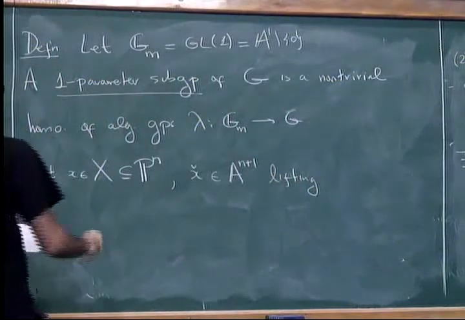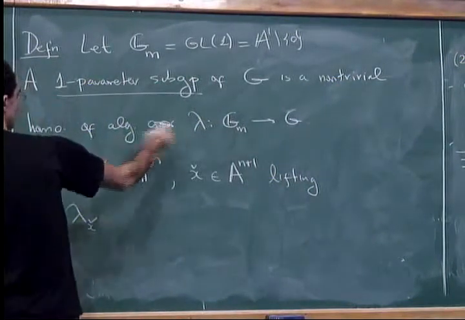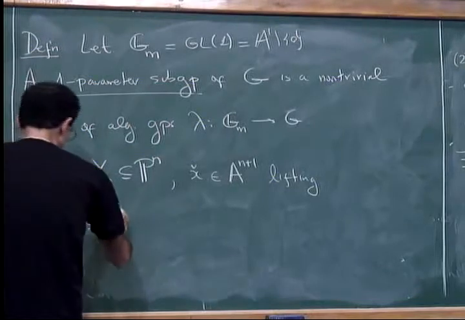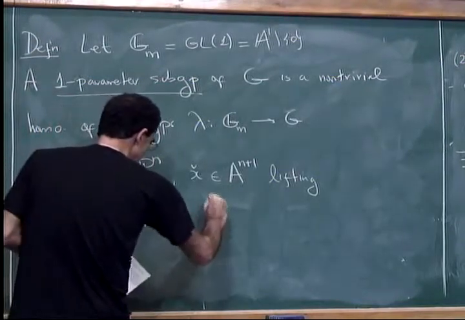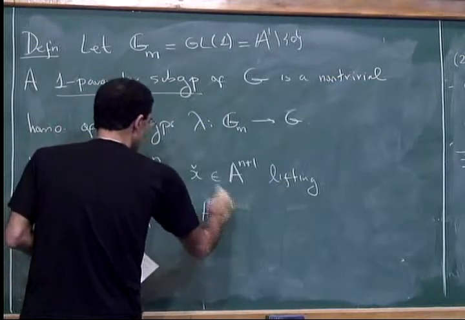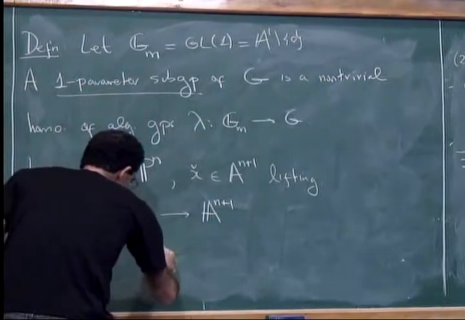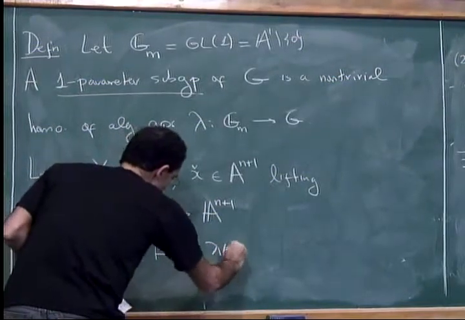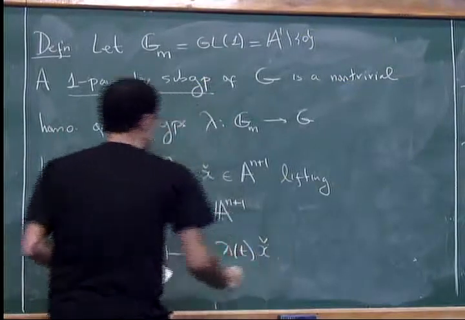And then we can consider the action induced by this one-parameter subgroup, and then the orbit of this point x check. So this is lambda of t that lands in G, and then we apply this to x check.